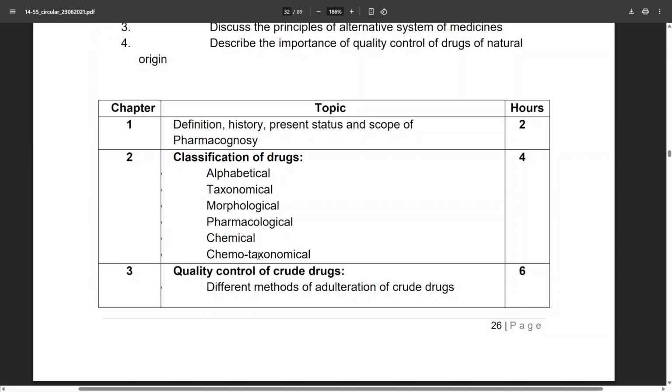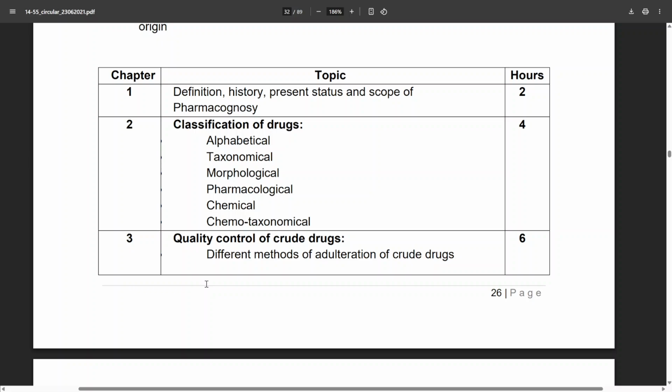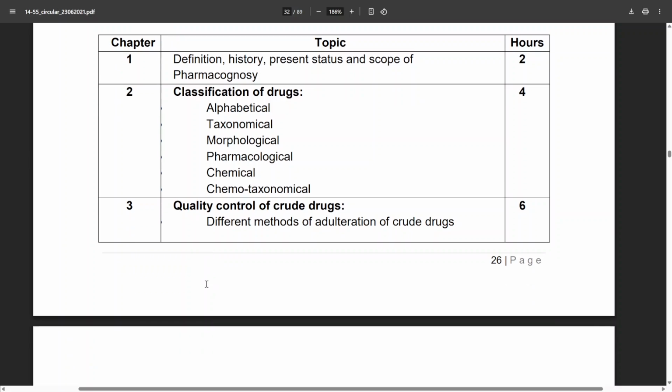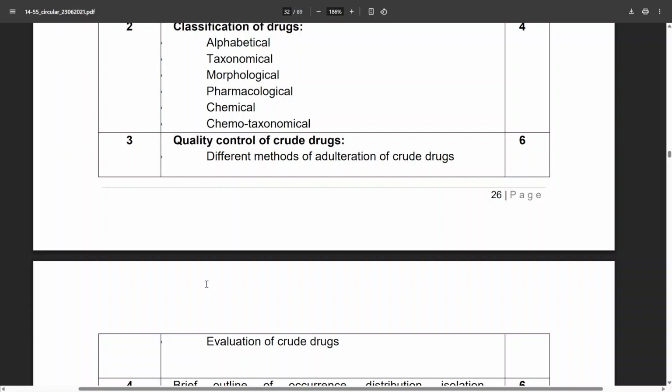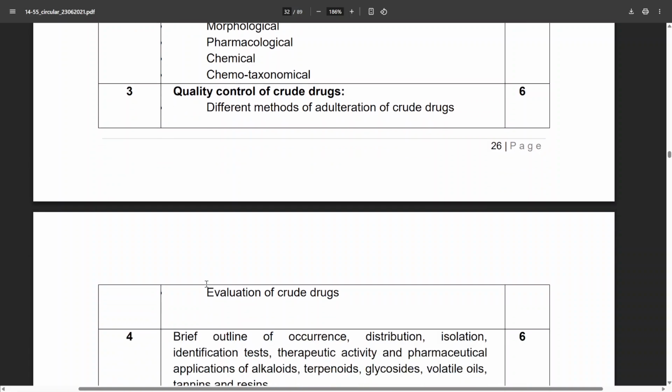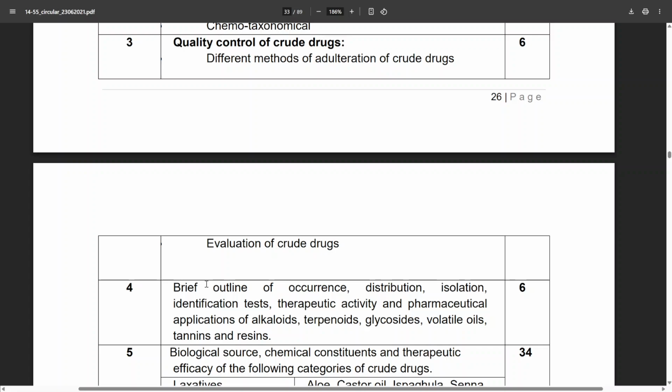So these are various types of classifications that you will be studying. Chapter 3, quality control of crude drugs, different methods of adulteration of crude drugs, evaluation of crude drugs.